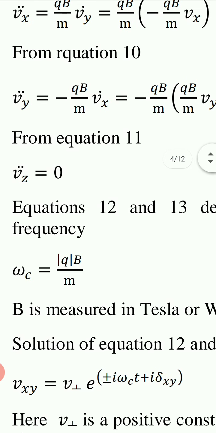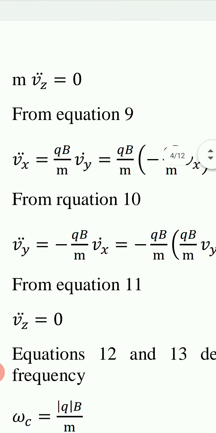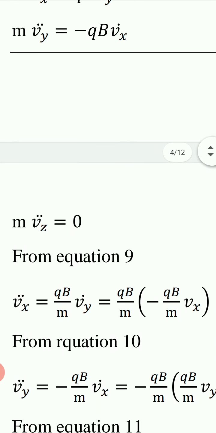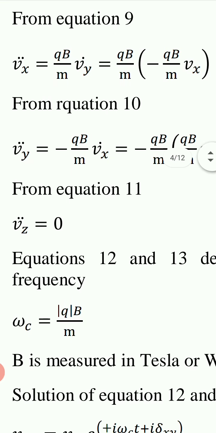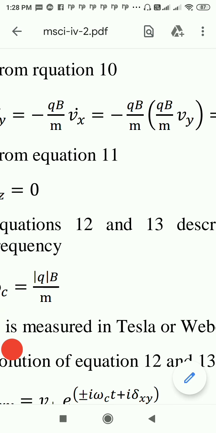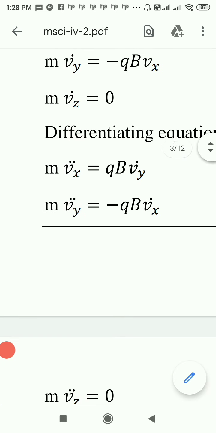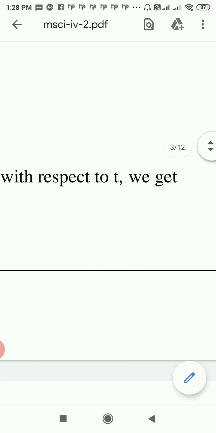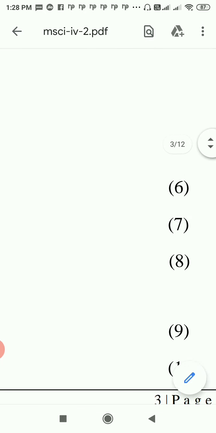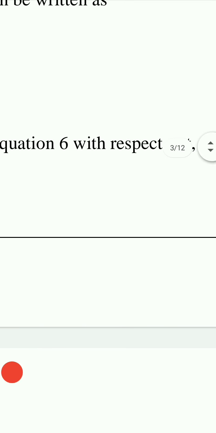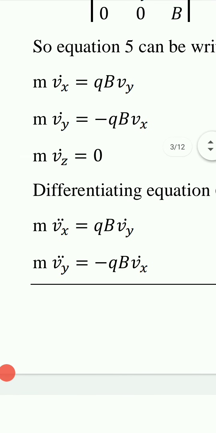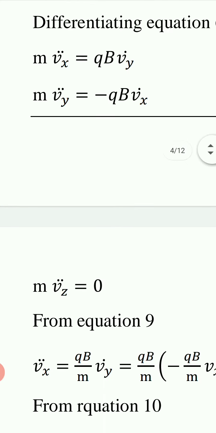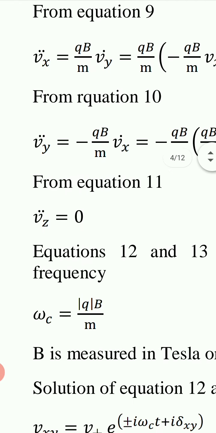Similarly, from equation 10 we can write vy double dot equal to minus q b upon m vx dot, and we put the value of vx dot from equation 6. From equation 6, the value of vx dot is q b upon m vy. We put this value of vx dot here.